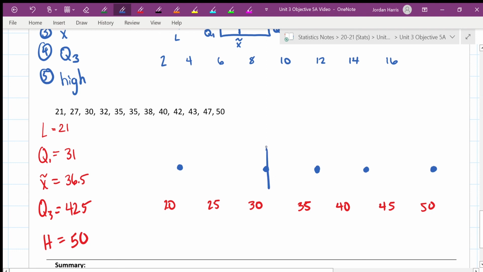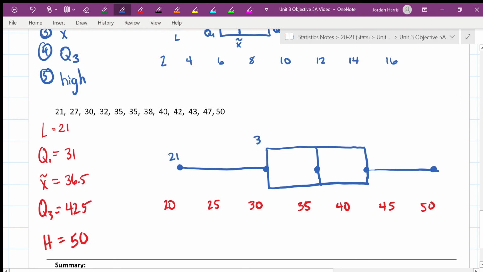Okay, so box between Q1 and Q3, extra line at our median, connect the dots, and always label 21, 31, 36.5, 42.5, and 50.